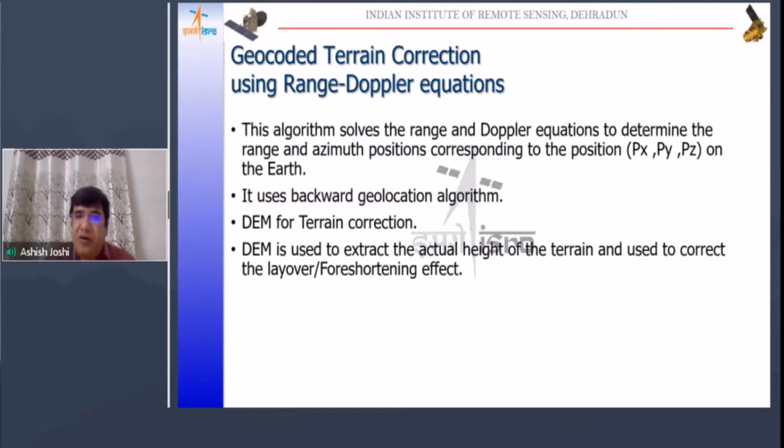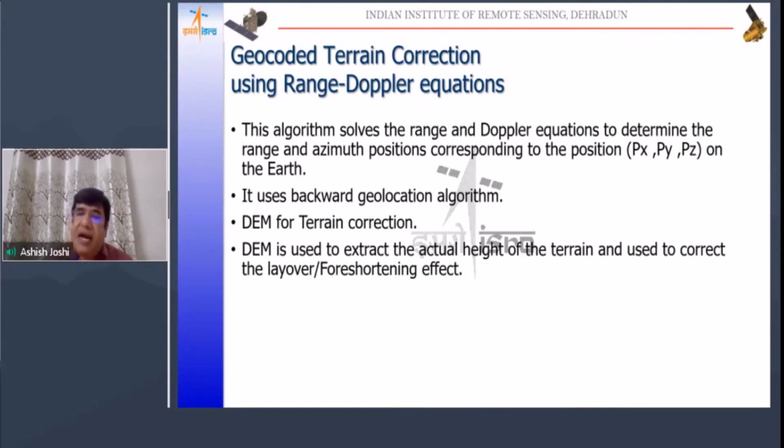It will not form the exact value, but it will place the values of the pixels at the correct positions. How does it do this? It uses the backward geolocation algorithm. For a particular DEM point we have the xyz values, and for that xyz we will solve the range Doppler equation, using the range equation and the Doppler equation, and find the ij values for that lat long.